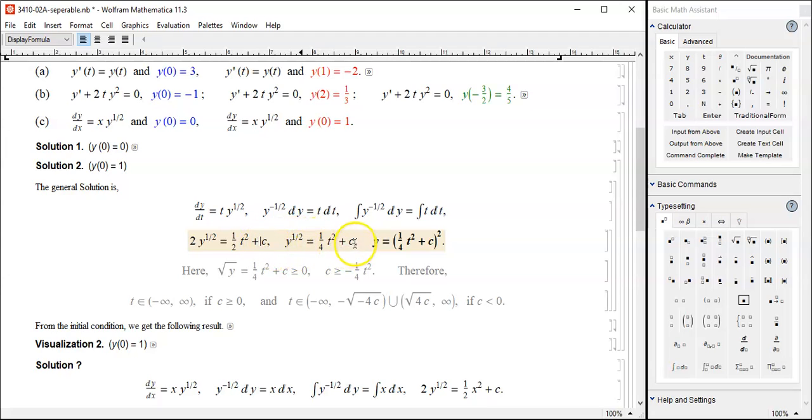I'm using the same c's here and there, so I'm causing a bit of confusion, and for that reason I changed c to k in my solution there. Let's just look at this part. This is square root of y, so that's positive, and then 1/4 t squared plus c, that whole thing has to be positive in order for this to make sense. So c has to be greater than or equal to negative 1/4 t squared.